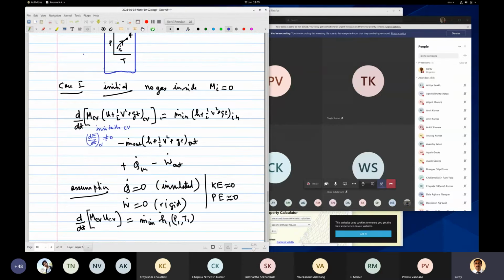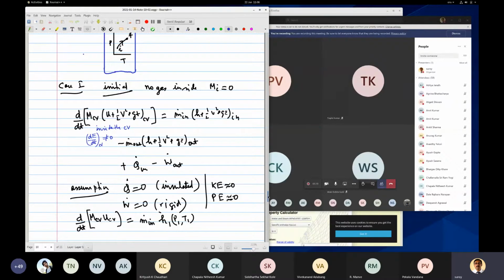And here we use enthalpy, where here we use internal energy. There's no mass going out, nor is there heat transfer, nor work transfer across the boundary, because Q dot is zero, insulated, and W dot is zero, rigid. Kinetic energy and potential energy have been neglected.